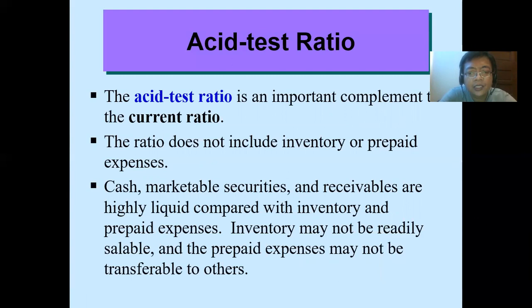Inventory may not be saleable and the prepaid expenses may not be transferable to others. So that's the reason. Inventory, especially if it is slow moving, cannot be readily sold, while prepaid expense may not be transferred to others or cannot be refunded when you pay for it. Okay.